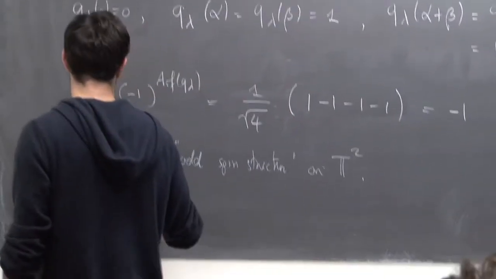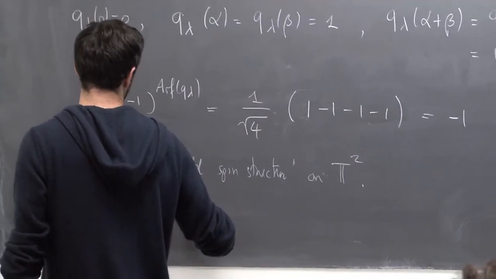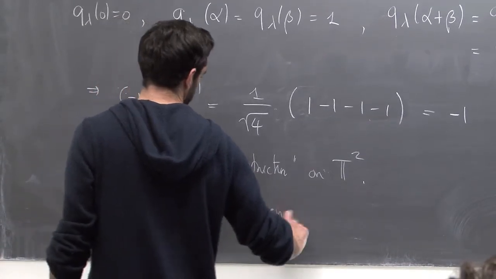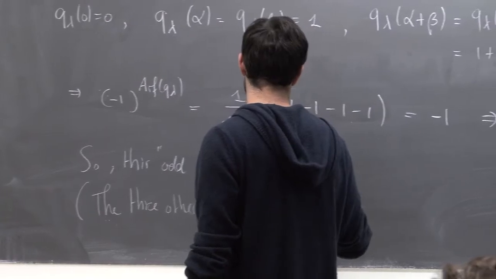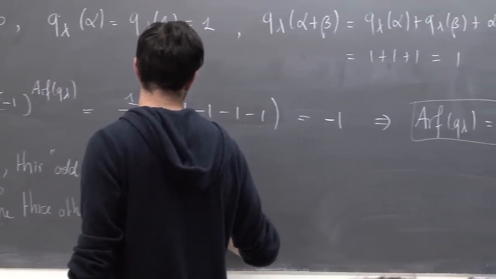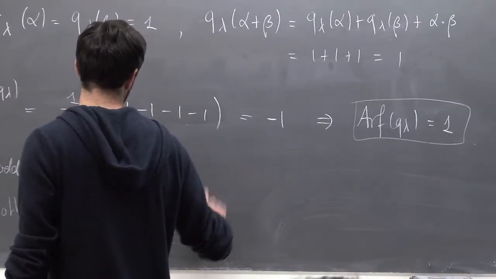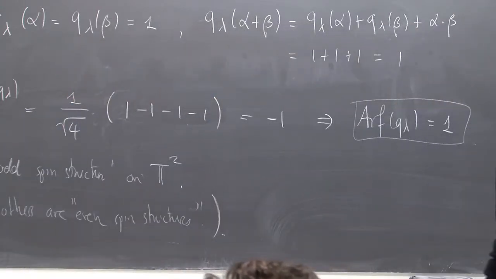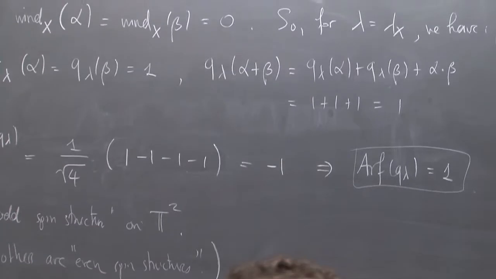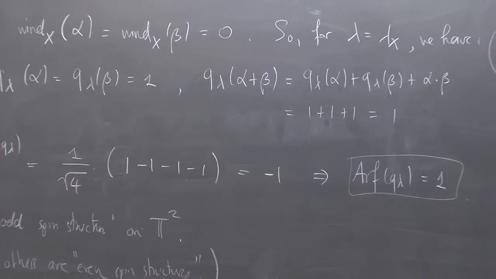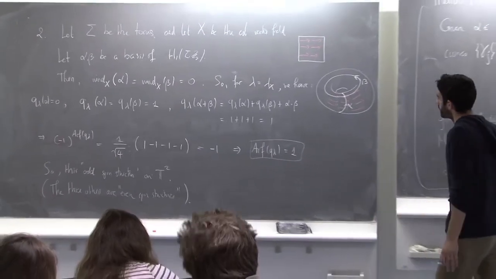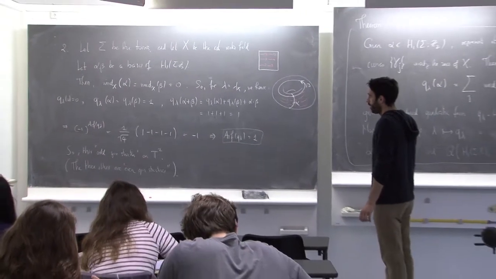And so the three others are even. Okay, I hope this example explains a little bit better what's going on.